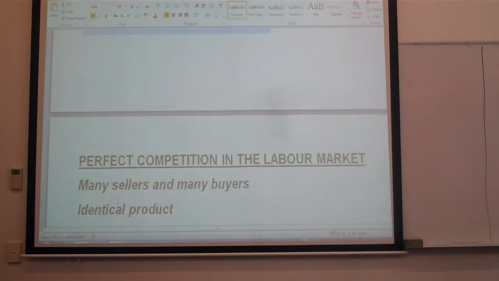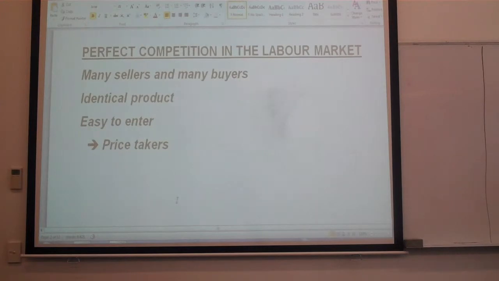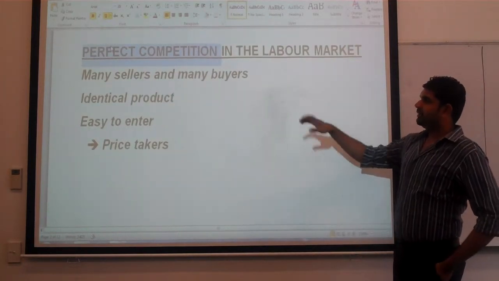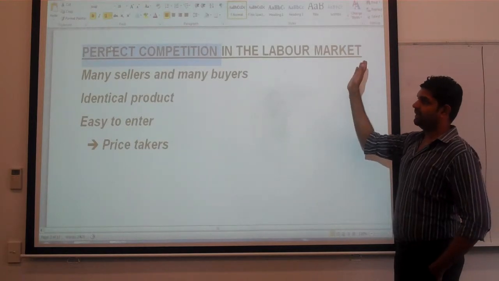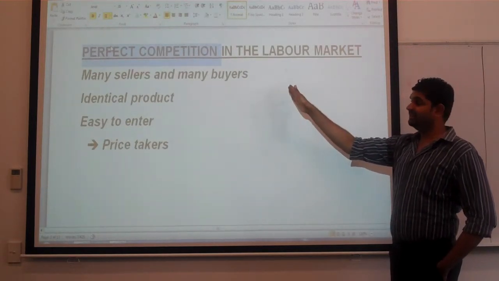In this unit, since it's just basic foundations at the moment, we're going to assume perfect competition in the labor market. Just to remind ourselves the characteristics of perfect competition. Perfect competition, whether it's in the product market or in the labor market, is a market where there are many buyers and sellers.